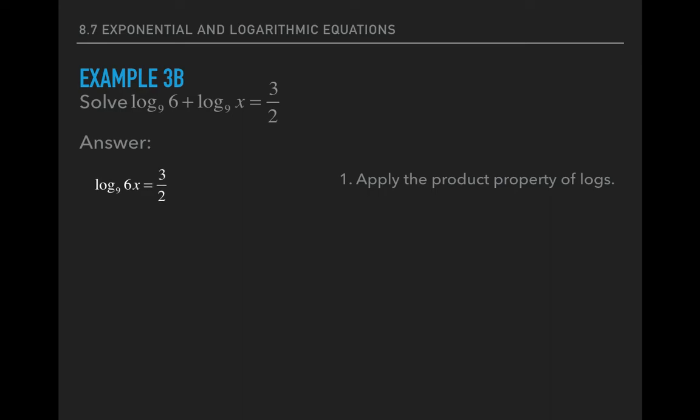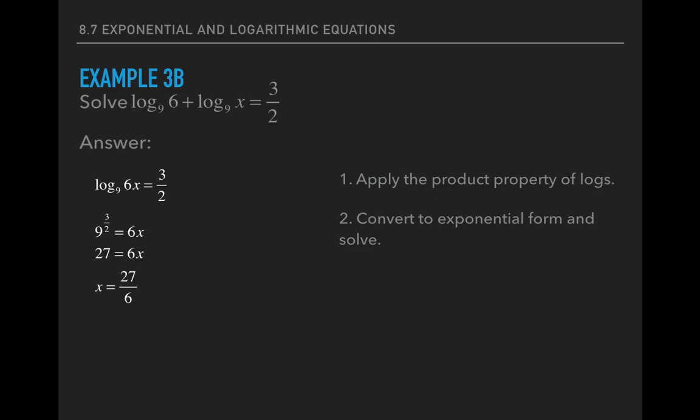So it's log of 6x, we're multiplying there, base 9 will give you 3/2. Now that it is just one logarithm, we can use that loop trick to write it in exponential form. That's 9 to the 3/2 equals 6x. I'm getting a little ahead of myself here because I know that 9 to the 3/2 is 27, and that is equal to 6x.